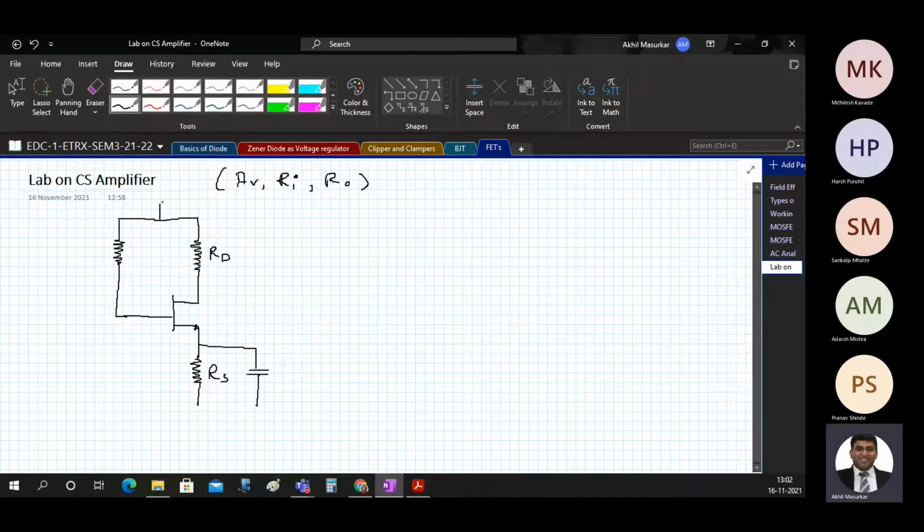So here we have VDD, and here we have R1 and R2.